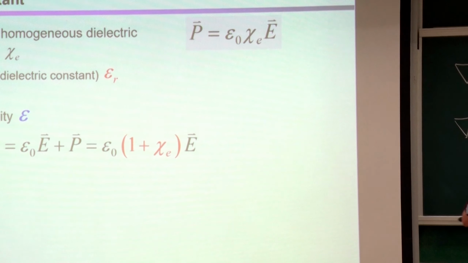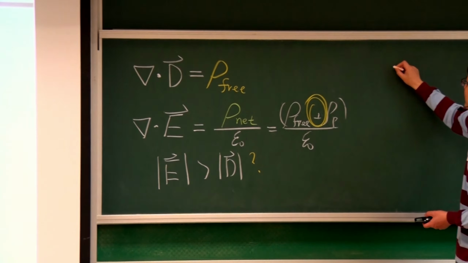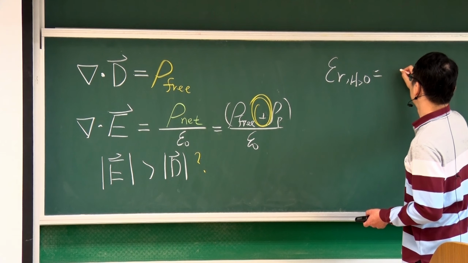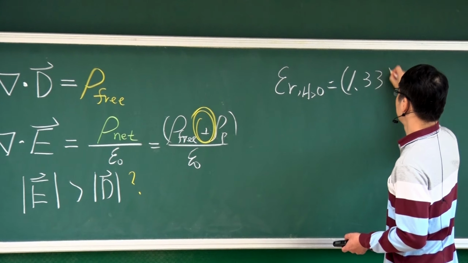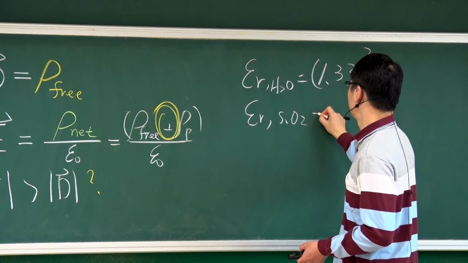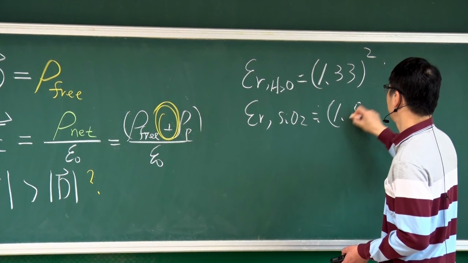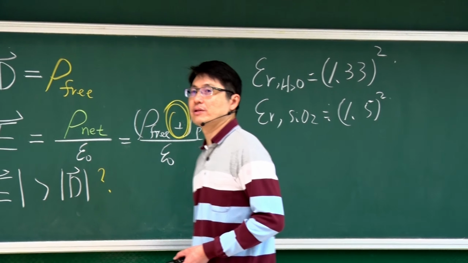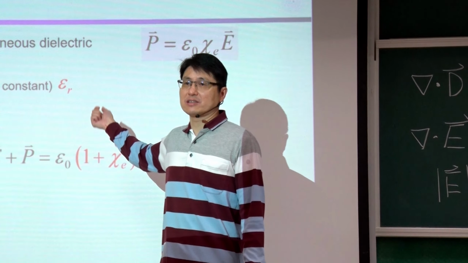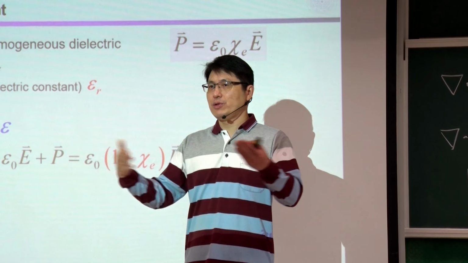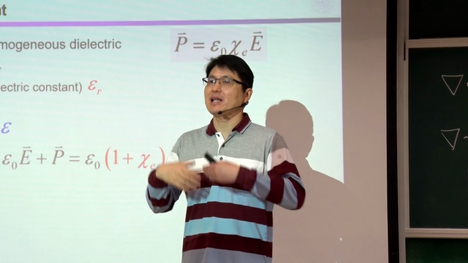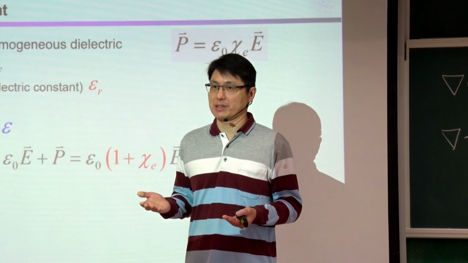For example, for water, the refractive index is 1.33, so epsilon r is 1.33 squared. Epsilon r for glass is roughly 1.5 squared. Okay? So in the future, you only look for this relative permittivity, and you can understand and classify the material response.